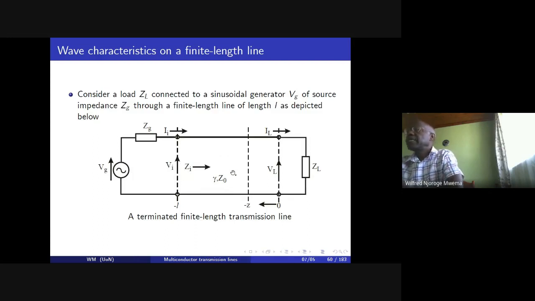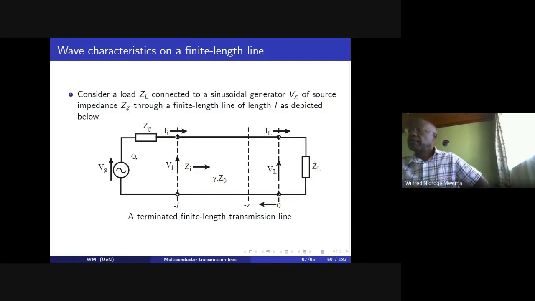Our line is described by two parameters: the characteristic impedance Z0 of the line, as well as the propagation constant gamma, and that is enough to tell us what the line is. That is, gamma, Z0, and L describe completely the characteristics of our line.